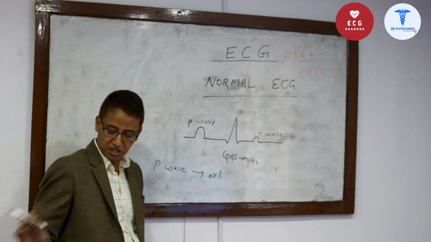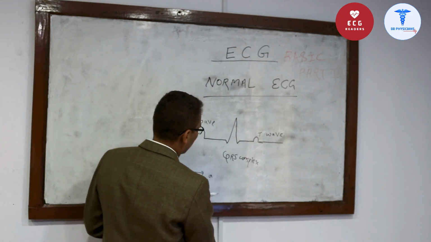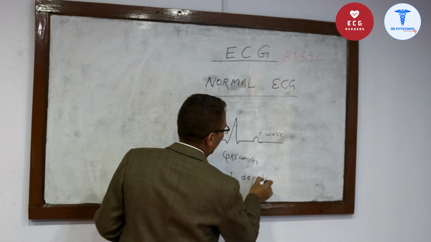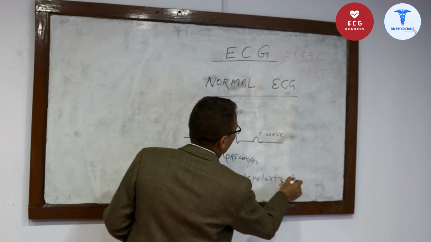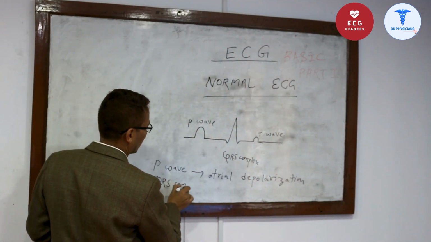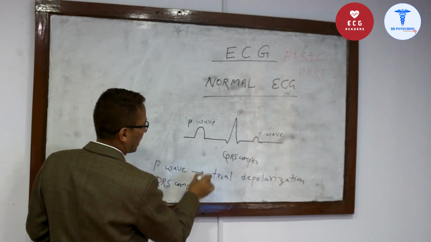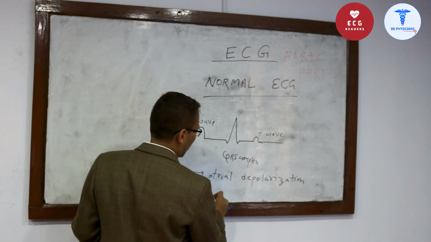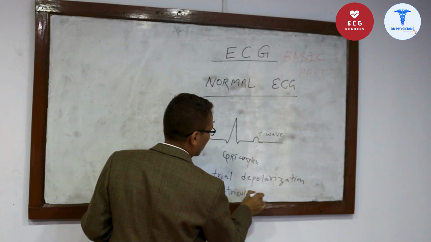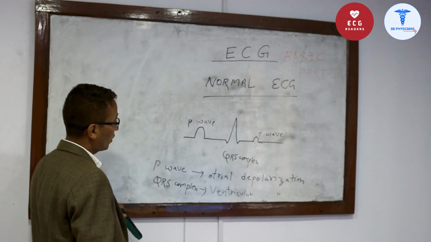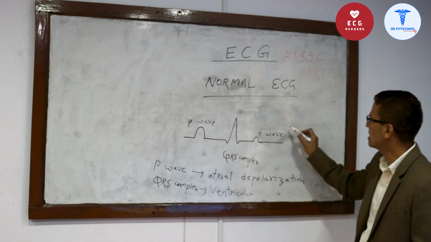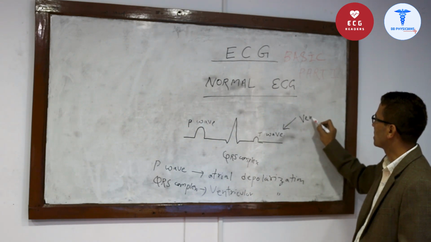The QRS complex represents ventricular depolarization, and the T wave represents ventricular repolarization.